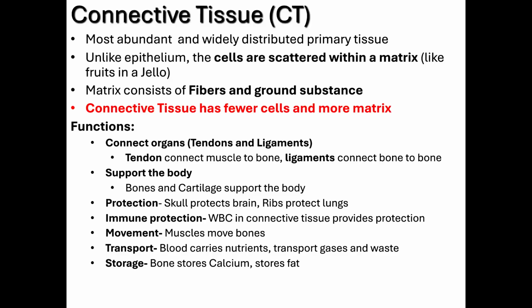So you're eating jello with some fruits inside, and you can compare the matrix to the jello, and compare the fruits to the cells. Epithelial tissue is not like that. It's like a lining, okay? They are connected to each other end to end. Well, here it's different. So you understand the configuration.